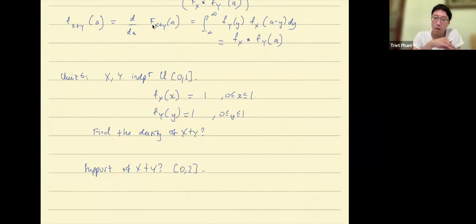So, that being said, then it must follow that x plus y is uniform 0 to 2, right? Answer? Nope, definitely not. And probably that's the number one thing students like to say.